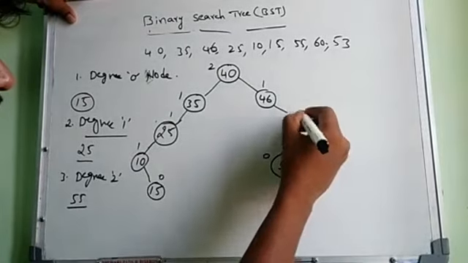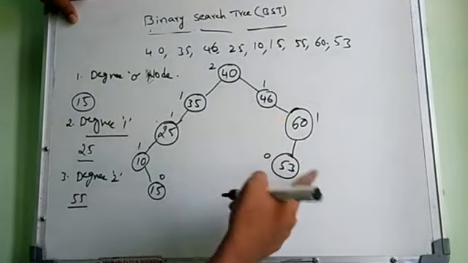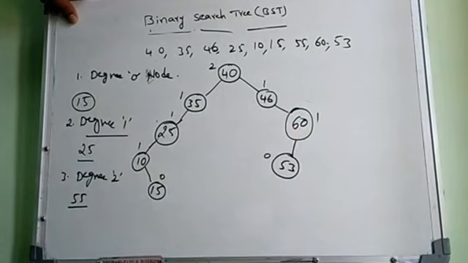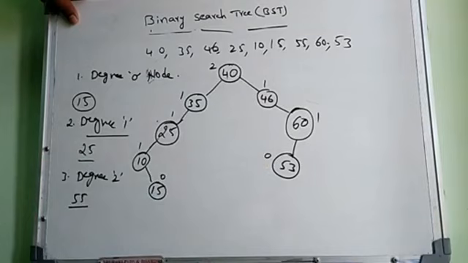60 has degree 1. So after deletion, if you are replacing with the rightmost or leftmost, the tree should follow the binary tree rules and regulations.